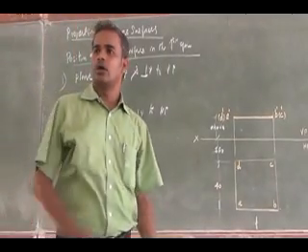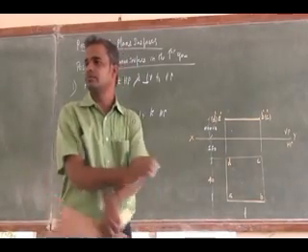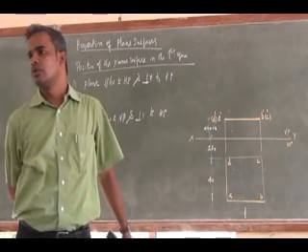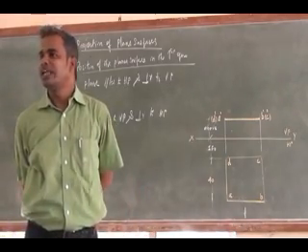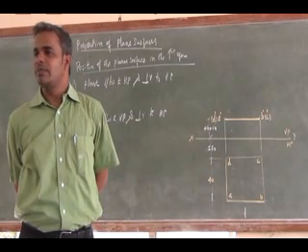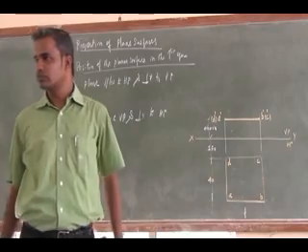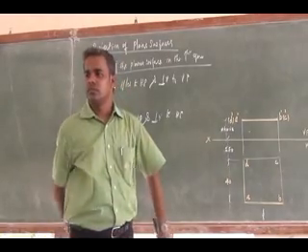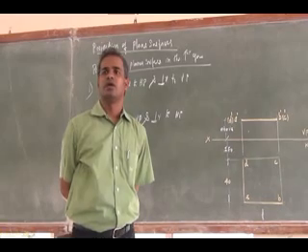So you take a problem here. A square plate of side 40 mm has one of its corners 20 mm above HP and 25 mm in front of VP.